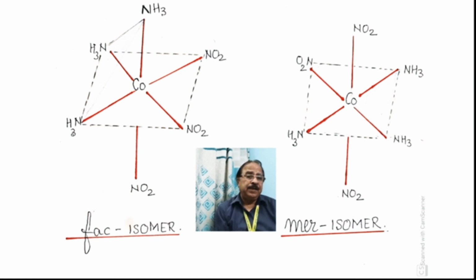So this type of isomerism is known as meridional isomerism, the meridional isomer. So the isomerism shown by this type of complexes, that is Ma3b3 octahedral complexes, is fac and mer isomers.